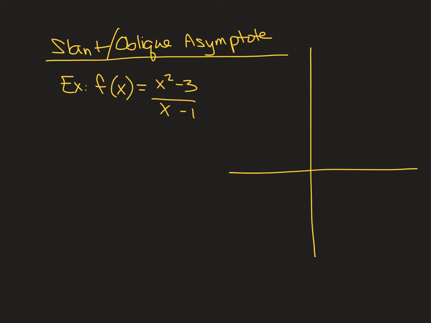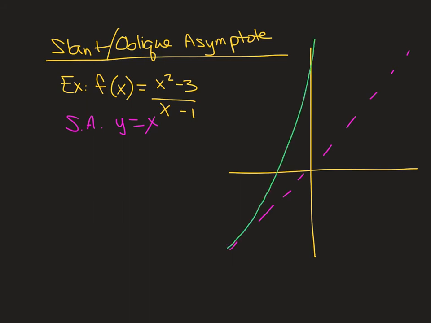So this one, I'll draw the asymptote first, and then I'll draw the graph. This one has an asymptote at the line y equals x. Let's say slant asymptote at y equals x. So as x approaches infinity and as x approaches negative infinity, the graph will kind of hug up against this. So I'll show you what it looks like.